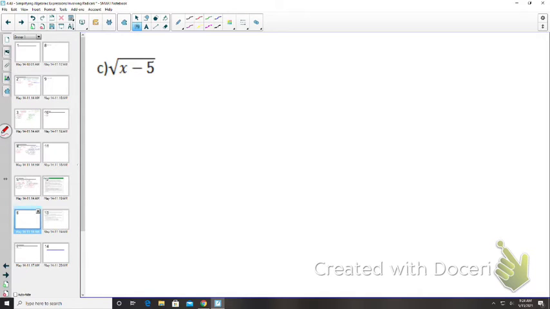Now, for this one here, we need to be a little bit more cautious when we're doing our restrictions, okay? Remember, we cannot take the square root of a negative number, so we need to set our radicand greater than or equal to 0 and see what values of x will satisfy this, which will not give us a negative number.